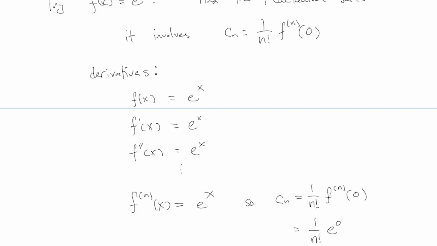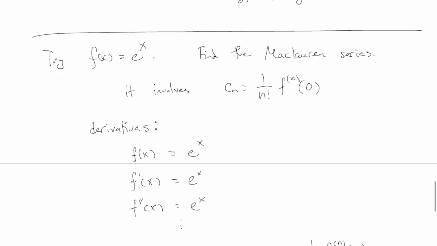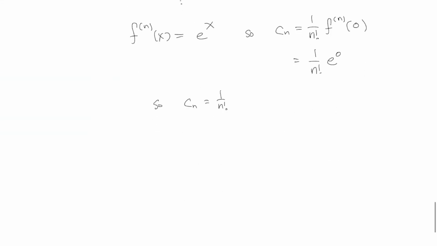And of course, e to the 0 is 1. So I got Cn is 1 over n factorial times 1, which is just 1 over n factorial. All right. This is basically my answer. If I say find the Maclaurin series, these are the coefficients.